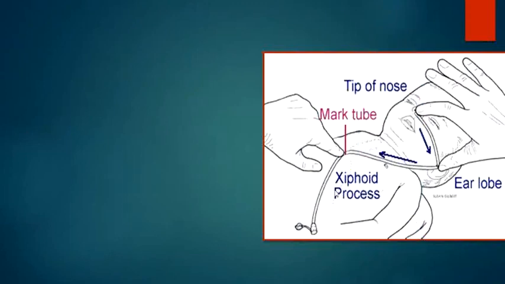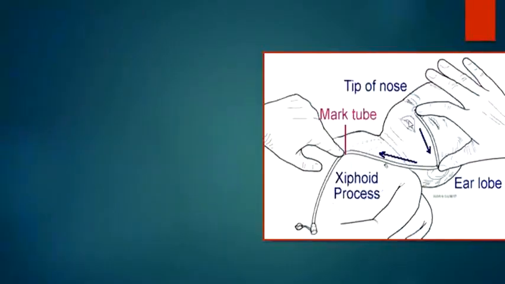How to be sure we reach the proper site of insertion? How can we calculate it? Like in this picture. Measure the distance from the tip of the nose to the earlobe, then to the xiphoid process of the sternum. So to this point the NG tube should be inserted.